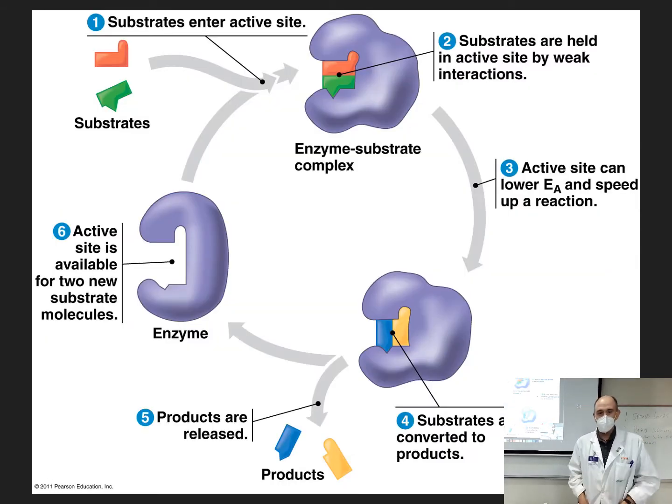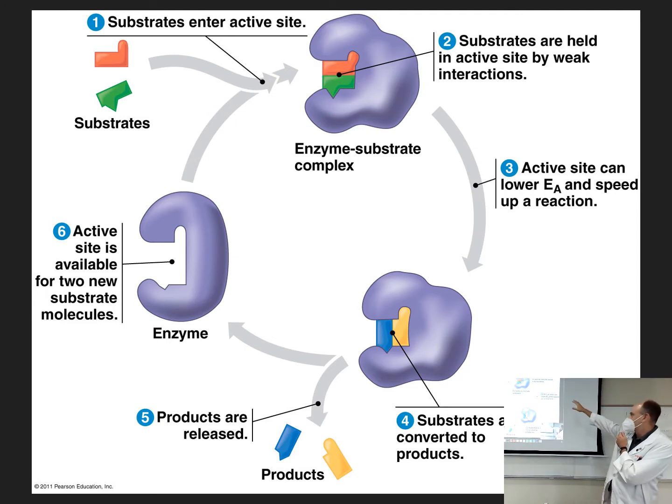All right, so here is what we often refer to as the catalytic cycle of enzymes. There's an important lesson to be seen in this diagram. So let's start at number 1. Substrates enter the active site. In this case, we're looking at number 2 here, where substrates are brought together in the proper orientation by the enzyme.